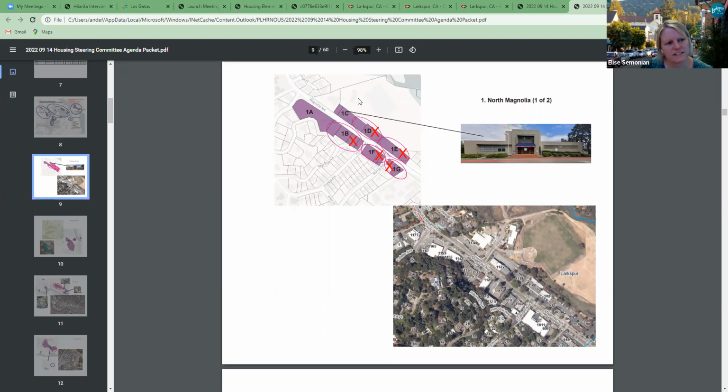And I guess one of the reasons why we didn't include it was because we don't need to. If the city or the school district was to come in and build, they would maybe be exempt from a lot of the city's zoning regulations anyway. I think that was the only reason I was thinking that it wasn't too critical to have them in, but they would be promising sites and they could be added.